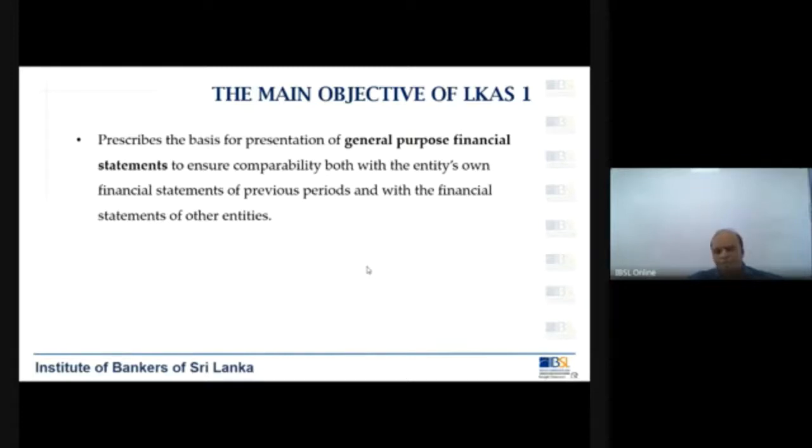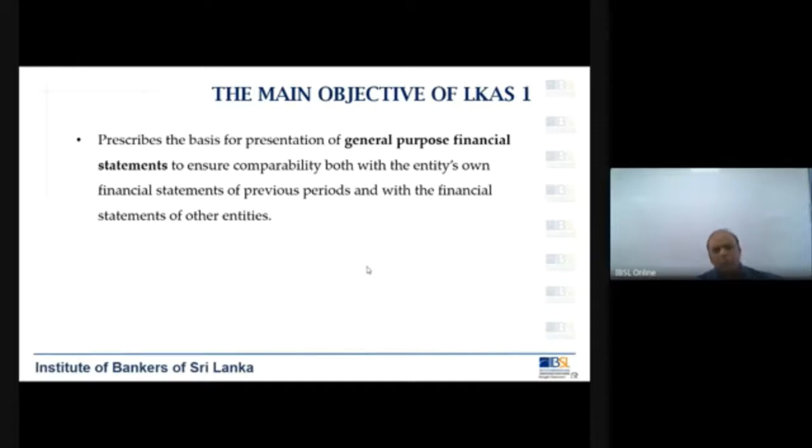The comparability depends on 2-3 factors. One is you might want to compare your own results, that is how you performed in 2020 and how you performed in 2019. So these two must be comparable. If you want to analyze your financial statements, they should be in a position where they are comparable. So that is one aspect.